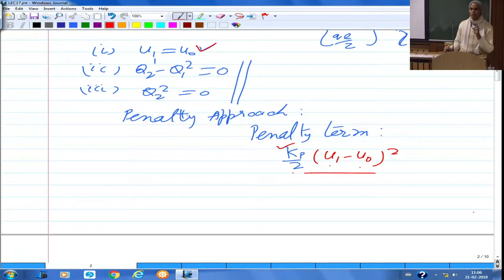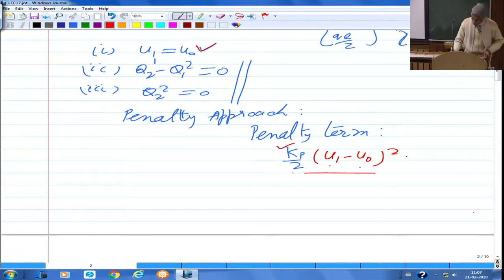So when you choose a large value of Kp, it will always try to minimize the difference between U1 and U0. So U1 tends to U0 when Kp tends to infinity.